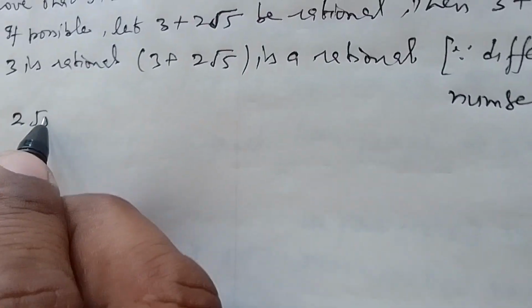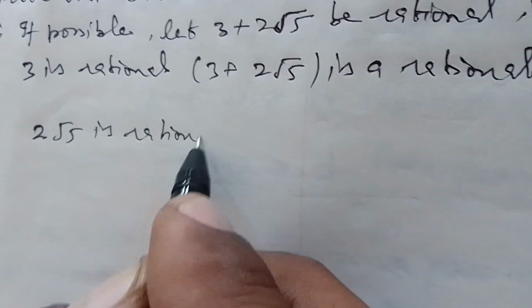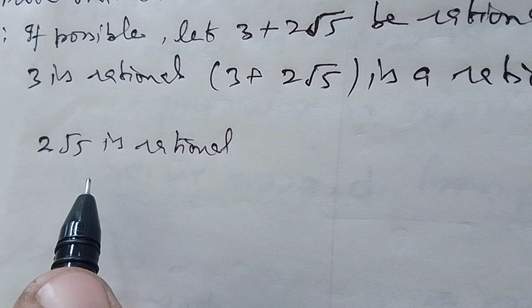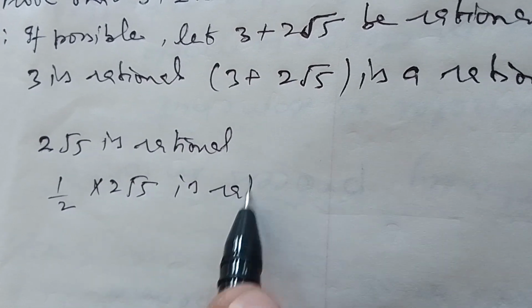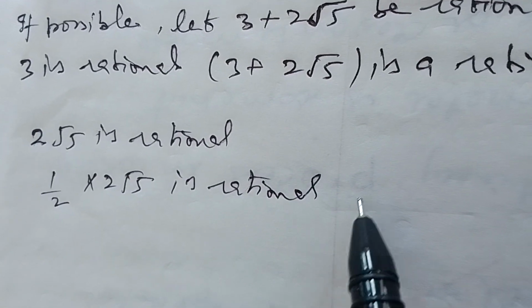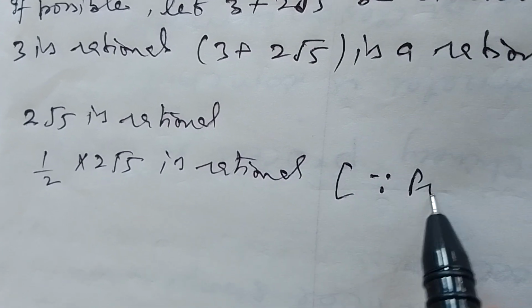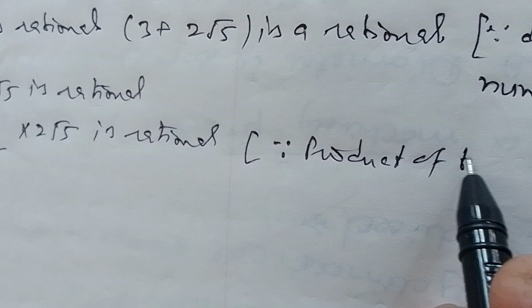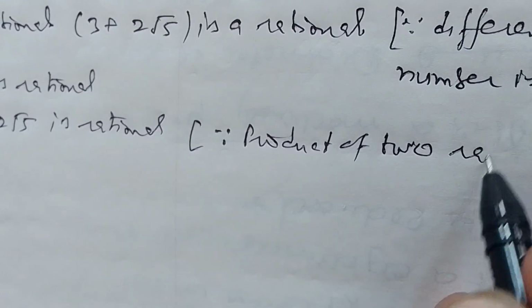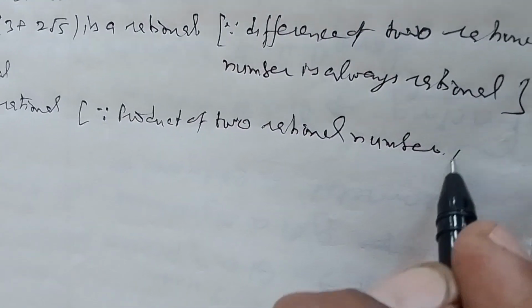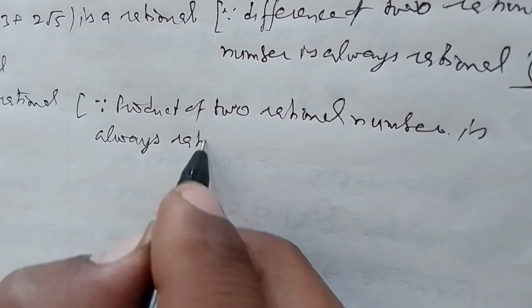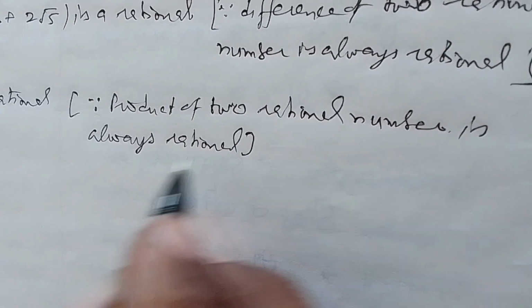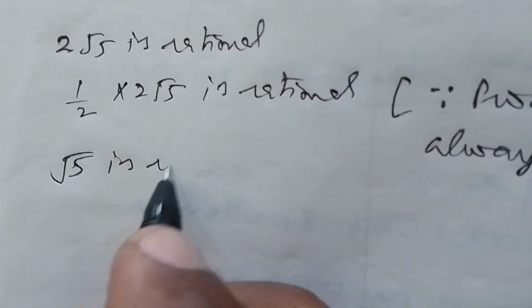So 2 root 5 is rational. 1/2 multiplied by 2 root 5 is rational, because the product of two rational numbers is always rational. So root 5 is rational.